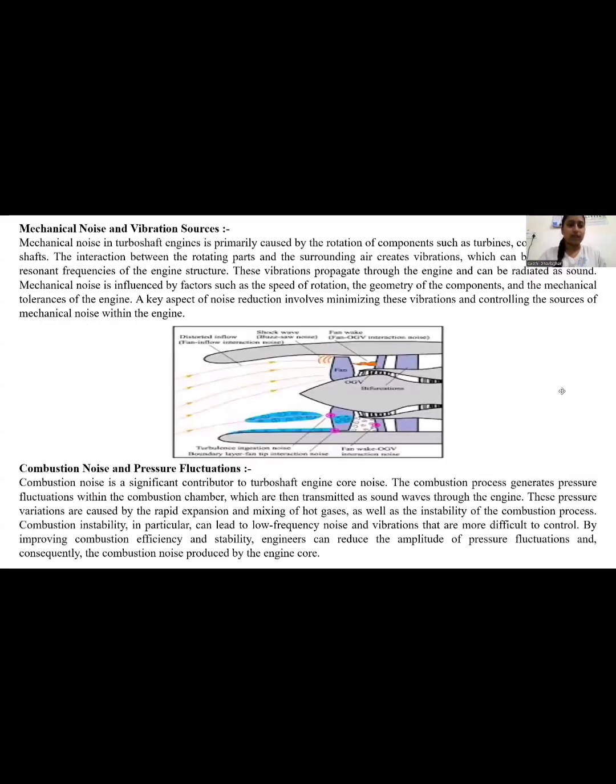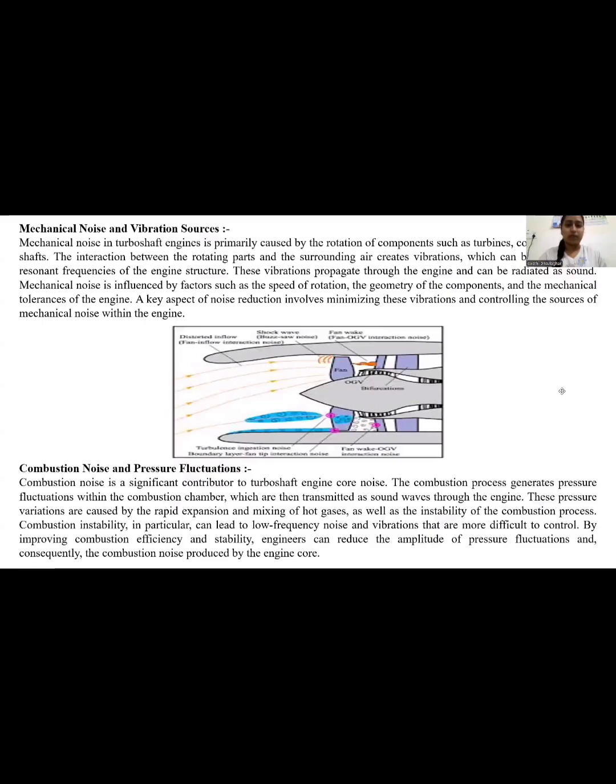Mechanical noise and vibration source. Mechanical noise in turboshaft engines is primarily caused by the rotation of components such as turbines, compressors, and shafts. The interaction between the rotating parts and the surrounding air creates vibrations, which can be amplified by resonant frequencies of the engine structure.